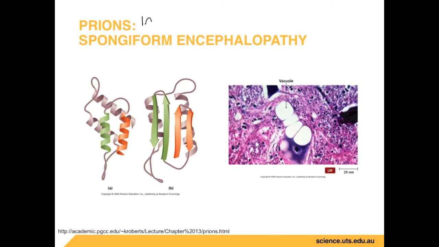Prions are infectious proteins. They lead to formation of a spongiform encephalopathy. An example of an infectious spongiform encephalopathy is bovine spongiform encephalopathy, also known as mad cow's disease.